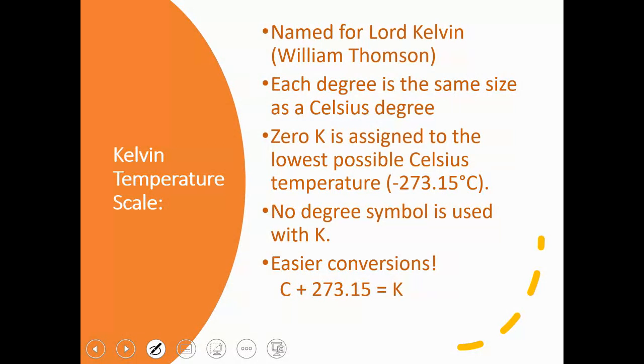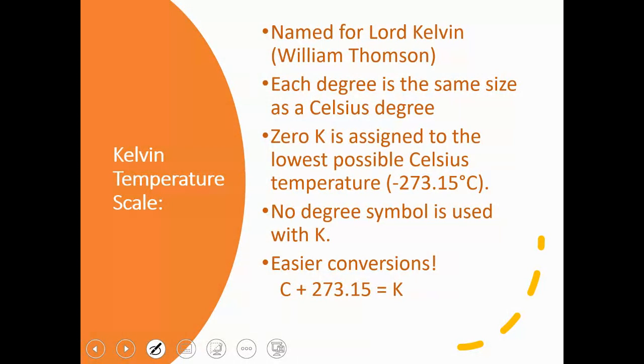Each degree on the Kelvin scale is exactly the same size as a degree on the Celsius scale. It's just that they shifted the 0 point to the spot where a gas would have absolutely no volume and absolutely no kinetic energy. So we'll look at this later when we do Charles' law, looking at the relationship between the volume and temperature of a gas.